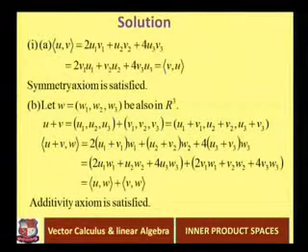So we write u plus v equal to the elements of u, u1, u2, u3, plus the elements of v, that is v1, v2, v3, which is nothing but u1 plus v1, u2 plus v2, u3 plus v3. Those are the elements of the vector u plus v.